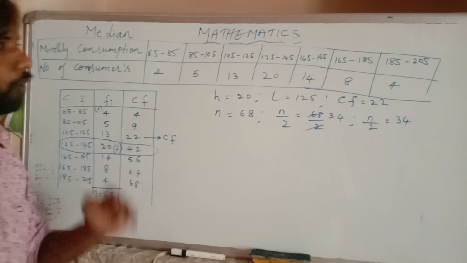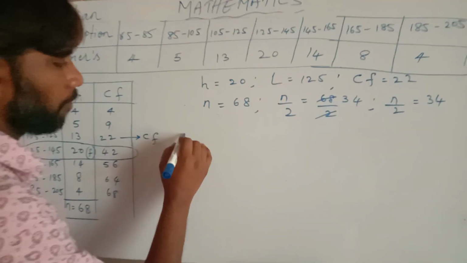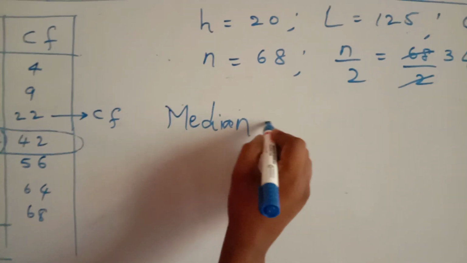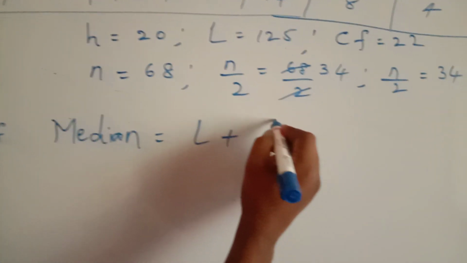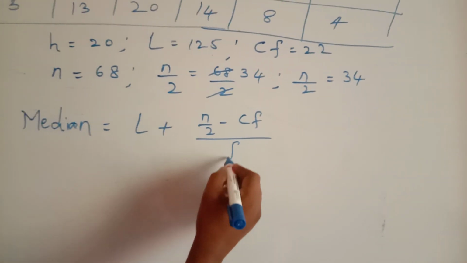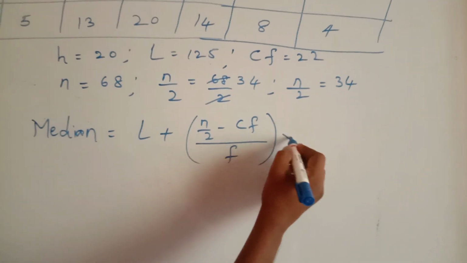So you got all the values, and you can write the formula. Median equals L plus (n by 2 minus CF) by small f, into h.